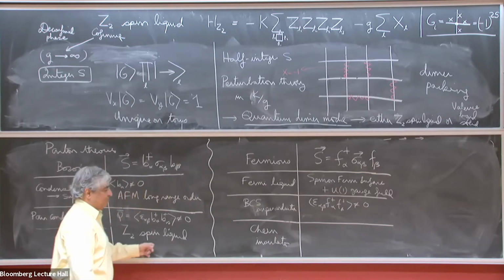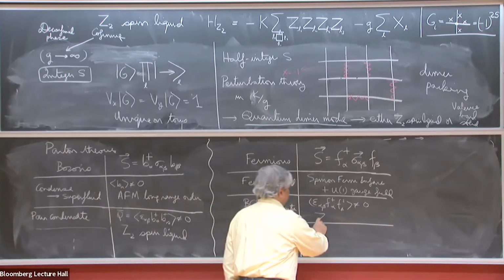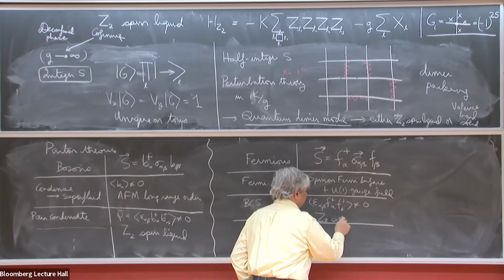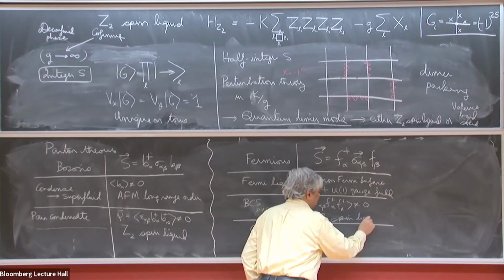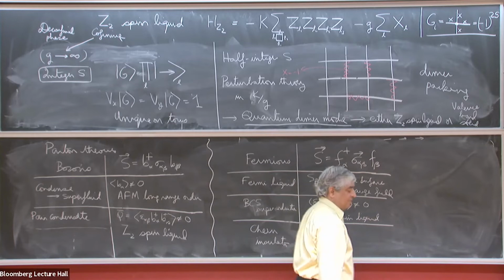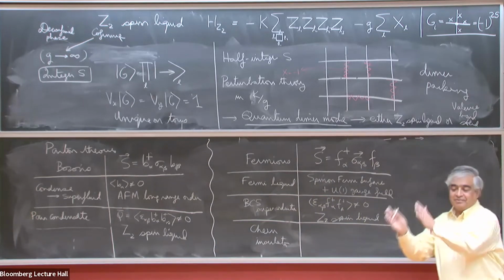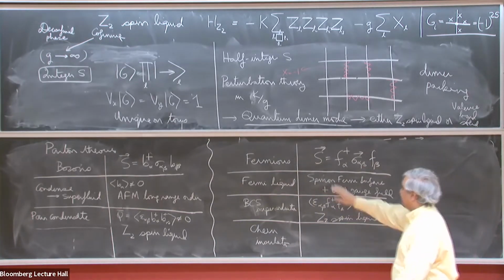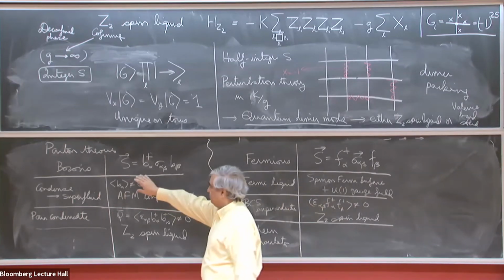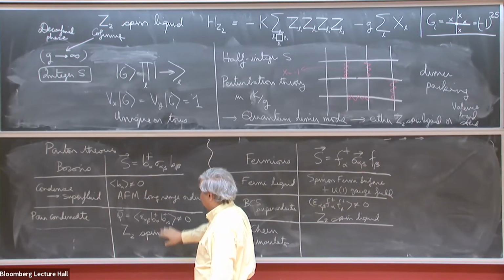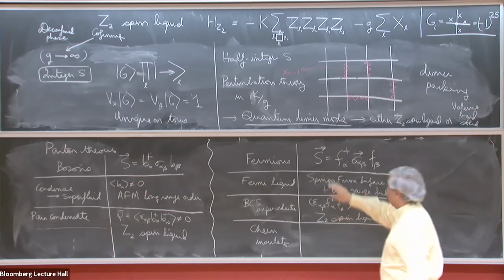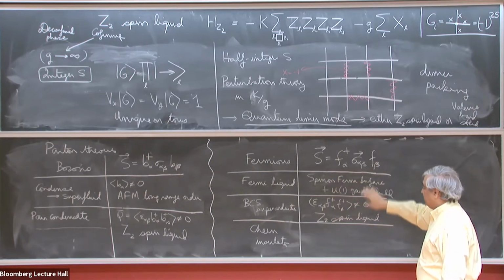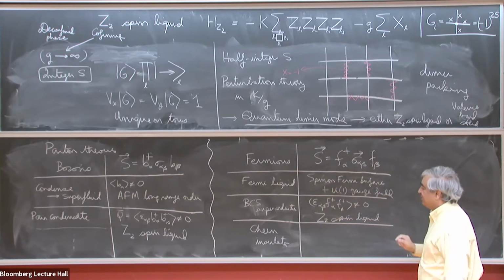Well, amazingly, it gives you the same state. This is something that took a little while to understand, but is now thoroughly understood. You can get exactly the same state. You start with some spin Hamiltonian. You can decompose the spin into bosons, pair the bosons and get a Z2 spin liquid. Or you can decompose the spin into fermions, pair the fermions and get a Z2 spin liquid.